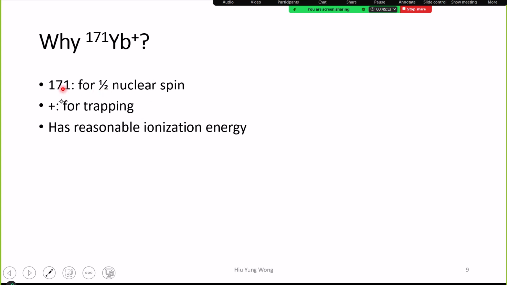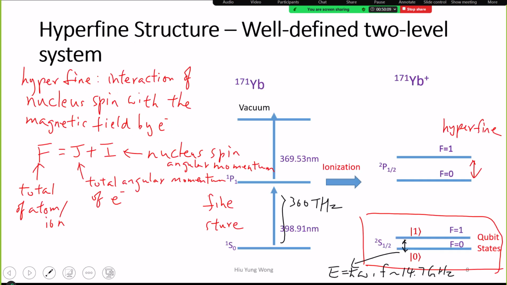So let's say again, 171, because it's odd, so I have half nuclear spin that is required for the hyperfine structure, plus ytterbium ion, because we want to trap it. I'm going to show you later. And this one is chosen because it has a reasonable ionization energy. And I forgot to say that this is the atom. In order to make a quantum computer out of it, we need to ionize it, right? To make it into ytterbium plus.